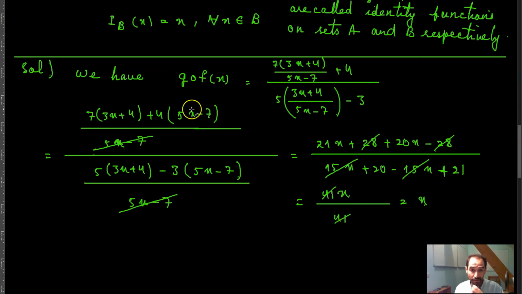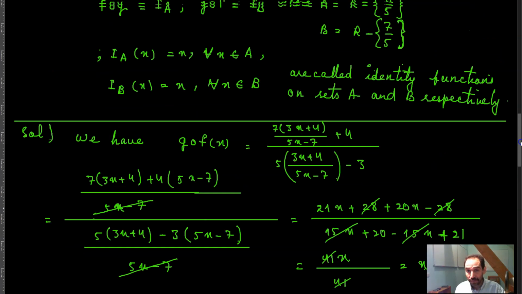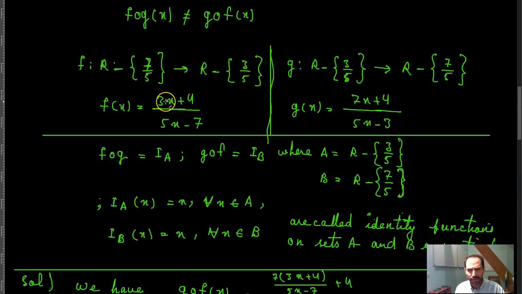That means that g o f of x is equal to x. And you can see that g of x and f of x were 3x plus 4, 5x minus 7, 7x plus 4 and 5x minus 3.